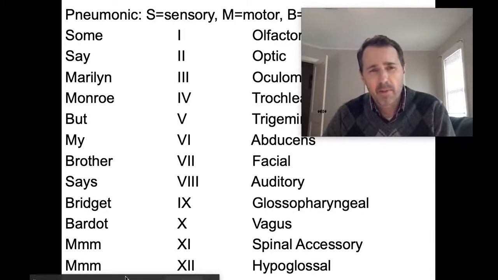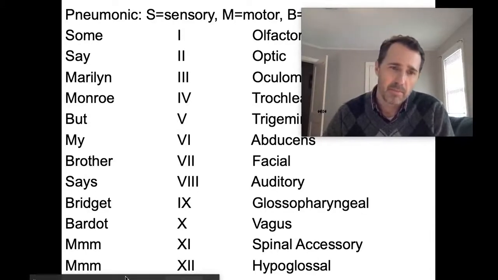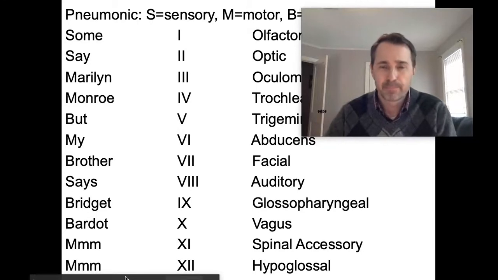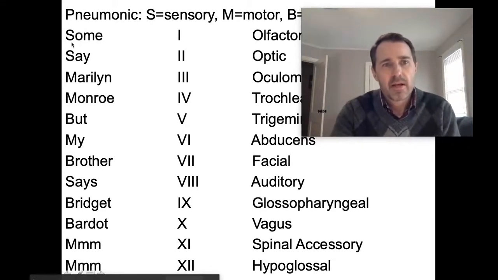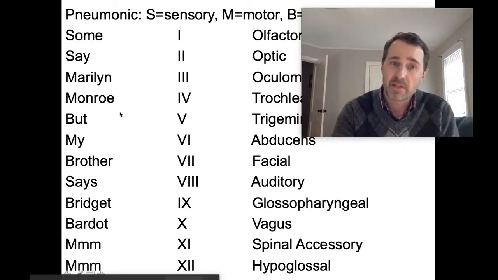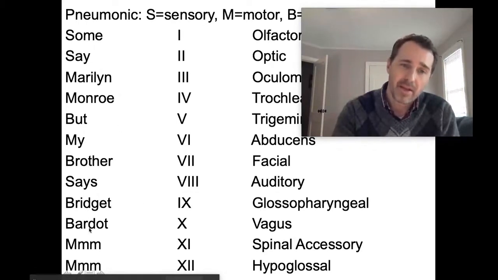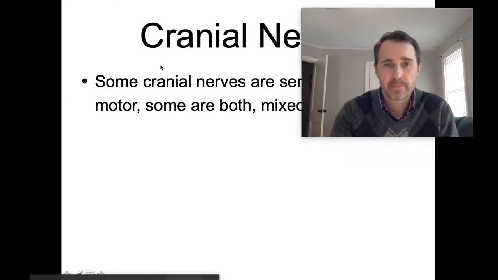Some say Marilyn Monroe, but my brother says Brigitte Bardot. All right. S meaning sensory, M motor, and B referring to both sensory and motor. And that allows you to remember which ones are only sensory, which ones are only motor, and which ones have a dual function.